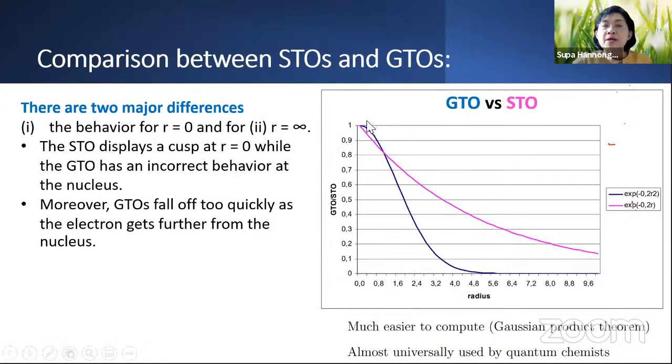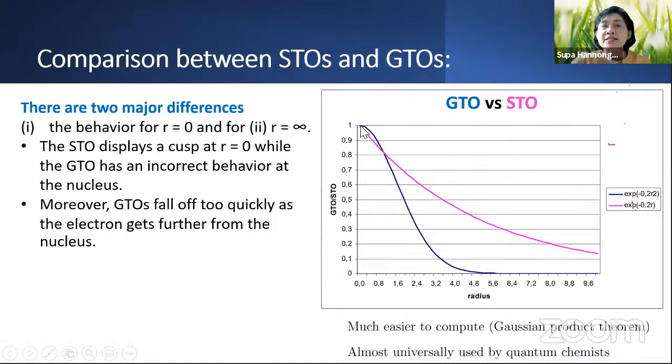So from this curve, if we compare the GTO and the STO, the exponential of the GTO is minus 0.2 R square, and for the STO, the exponential of minus 0.2 R. The same value, but you have R square for GTO and you have only R exponential for the STO.